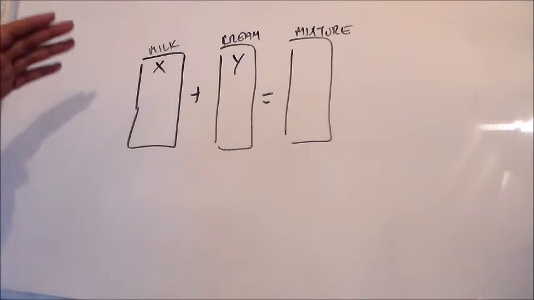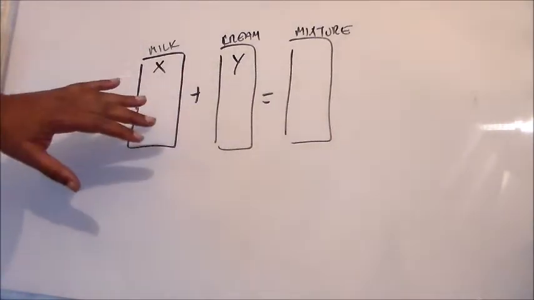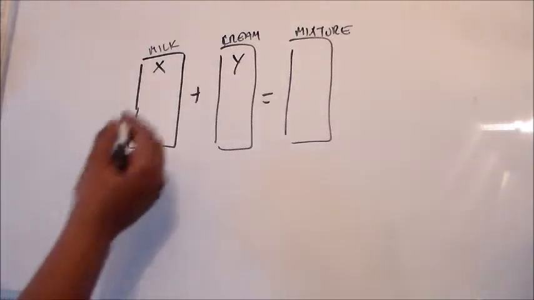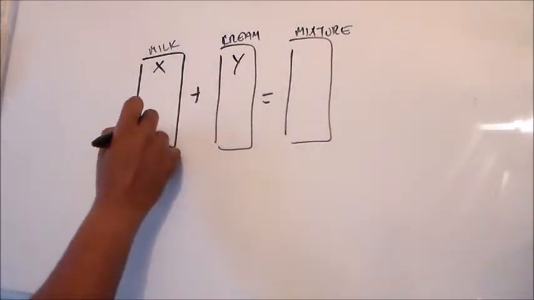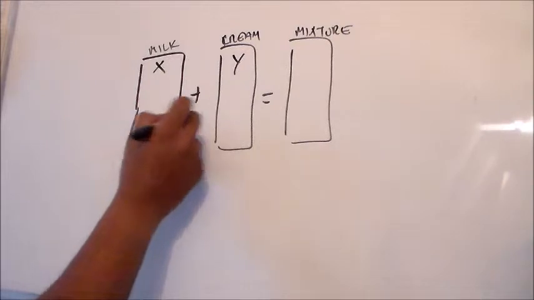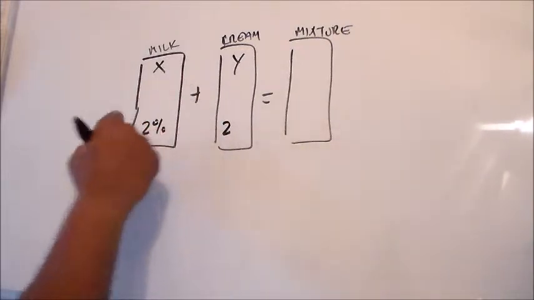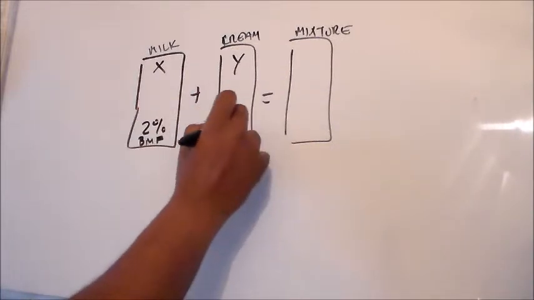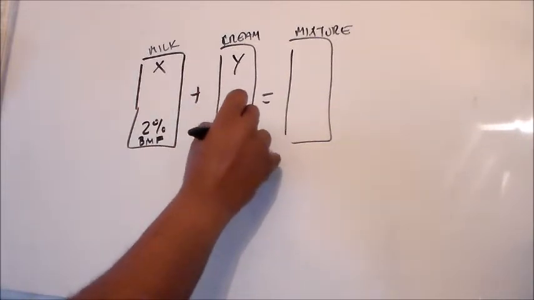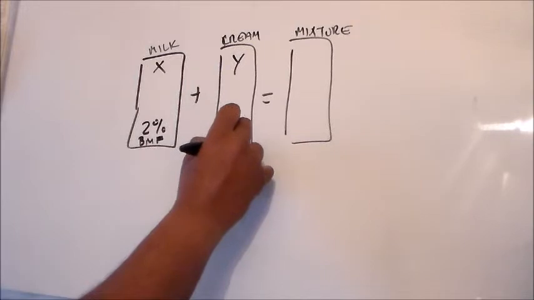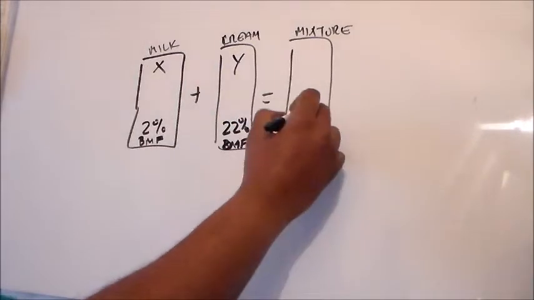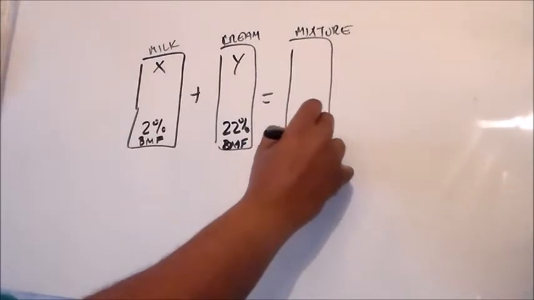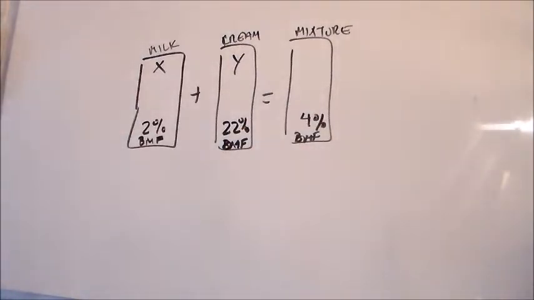Now whenever we have two unknowns, what we're going to have to do is use what we call a system of equations, but we'll get to that. But just for our pictorial purposes, the milk is 2% buttermilk fat, the cream is 22% BMF, and then we're going to come up with a mixture of 4% buttermilk fat.